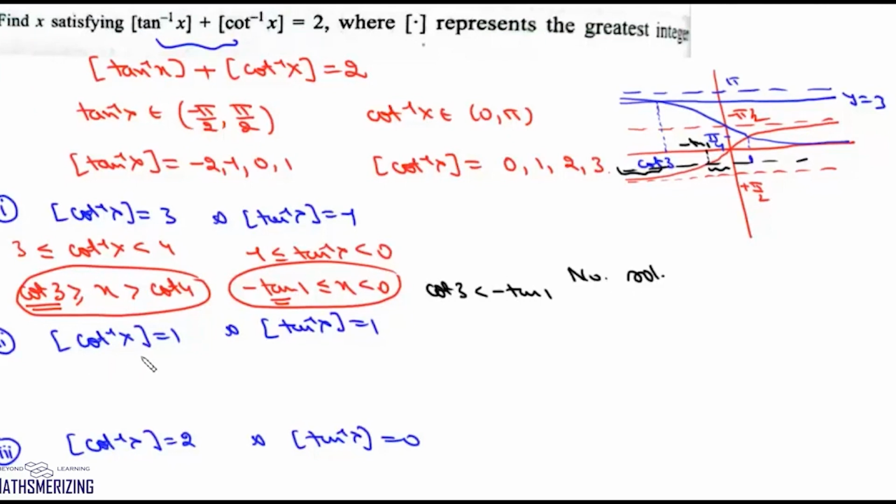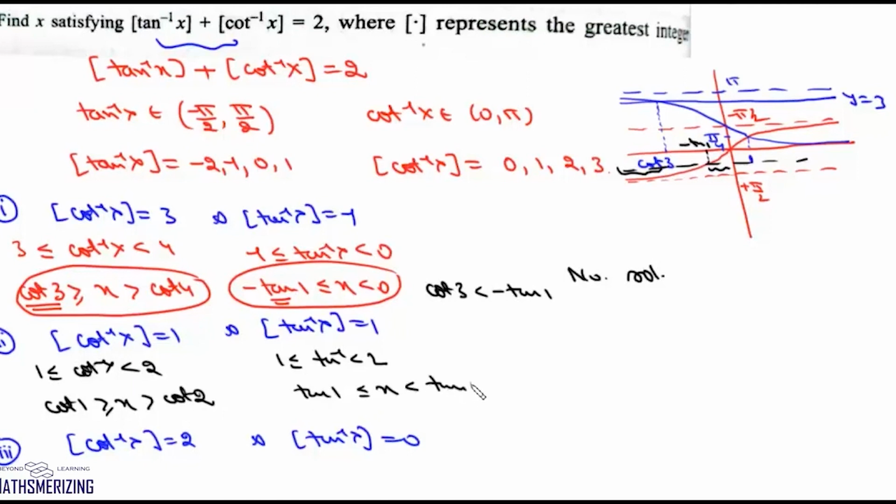Now for the second case, when cot inverse of x is equal to 1 and tan inverse of x equals 1. In this case, cot inverse will lie between 1 and 2 and tan inverse will also lie between 1 and 2. Now here, if we take cot, we'll get cot 1 is greater than or equal to x is greater than cot 2 and here tan 1 is less than or equal to x is less than tan 2. Now we'll need to compare the values of tan 1 and cot 1.